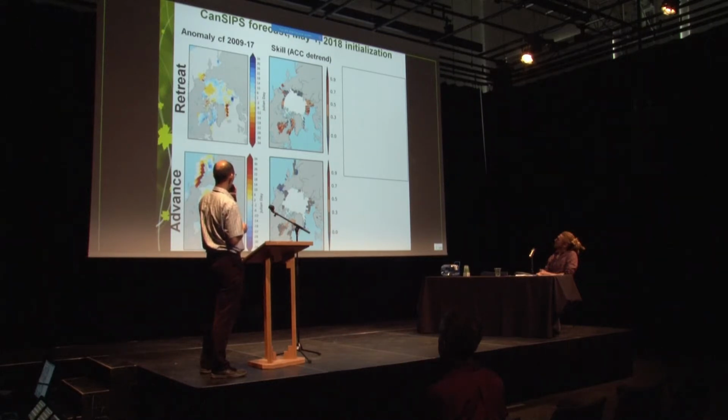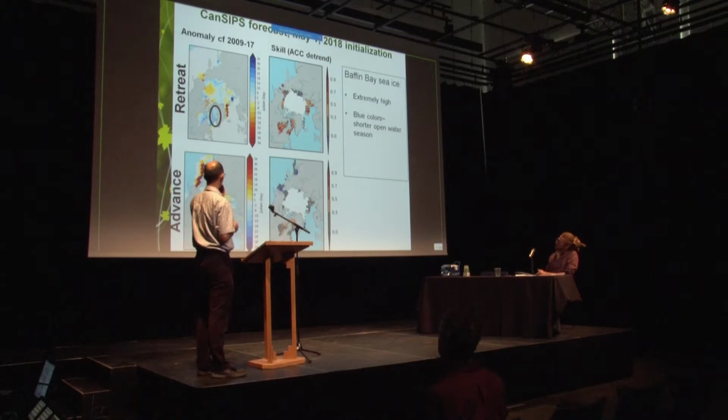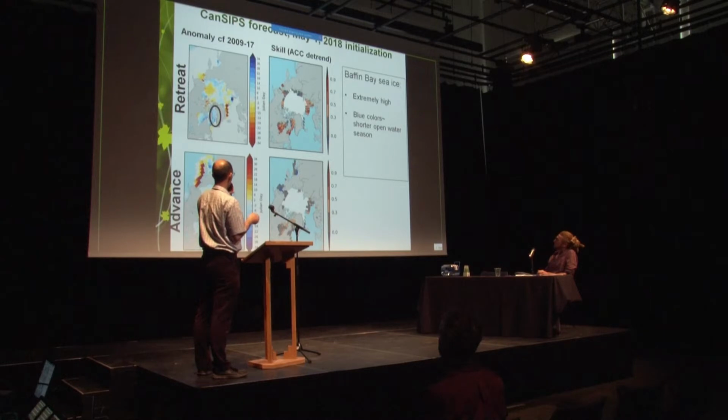In Baffin Bay, it's generally ice-free in September, so our forecast will be based on these retreat and advance dates. And we'll show that for our May 1st forecast, blue colors here mean a shorter open water season, so a later retreat date and an earlier advance date.